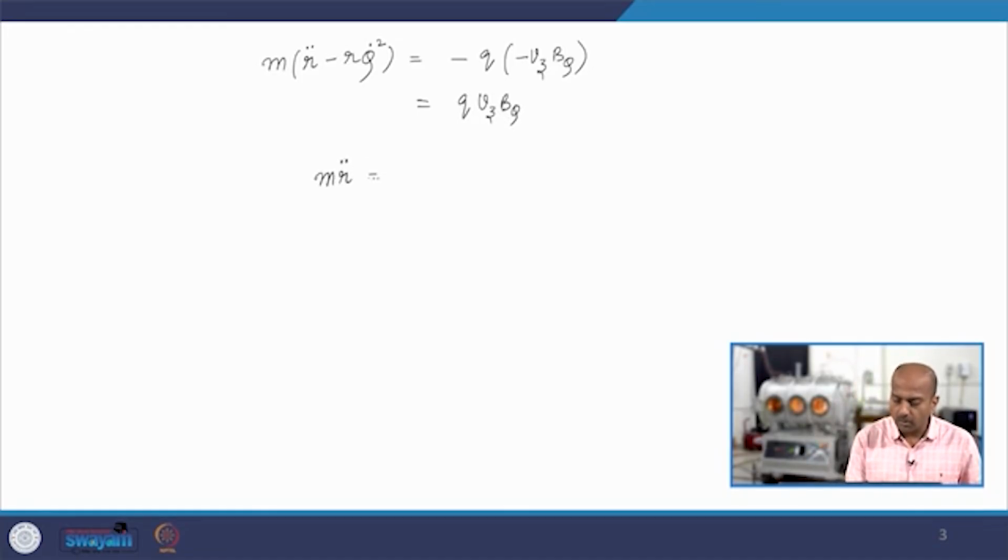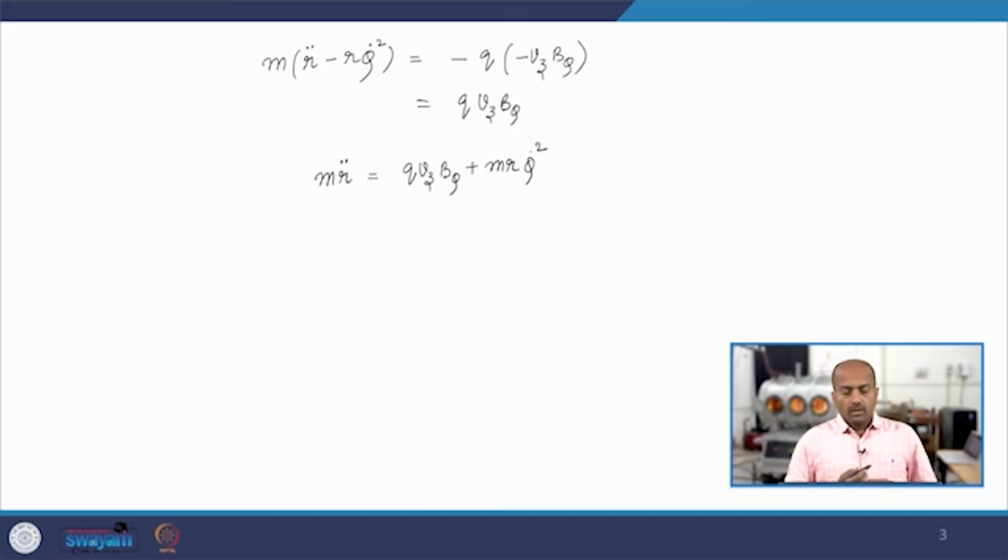m r double dot is equal to q Vz B phi plus m r phi dot square. So, r double dot is dimensionally equal to ma, which is the acceleration, right.